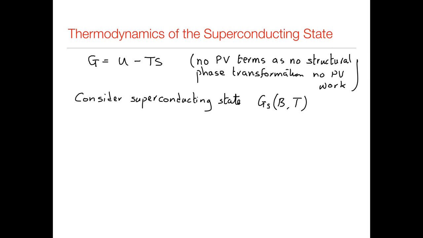Let's imagine we've got our magnet, and here are the flux lines coming out from the end of our magnet, and we're going to take our little bit of superconductor and bring it into the magnetic field.